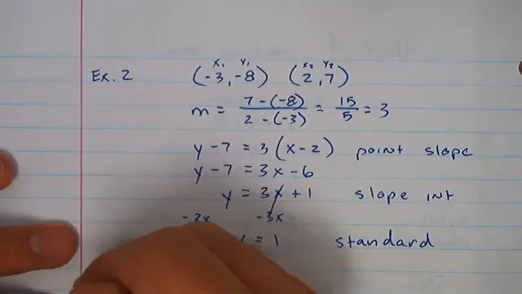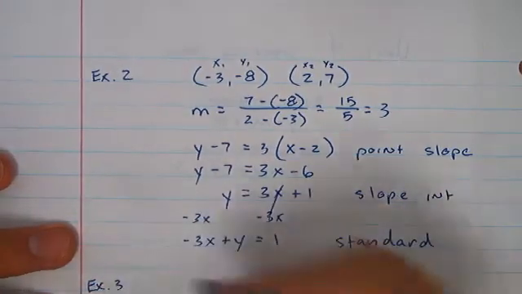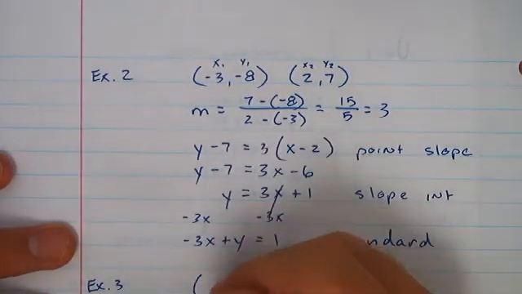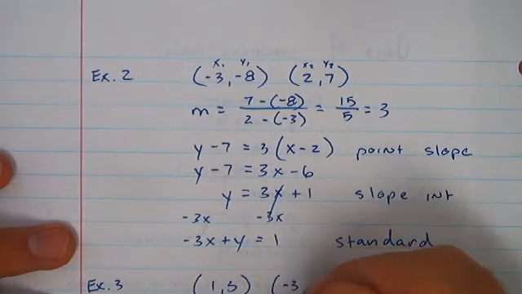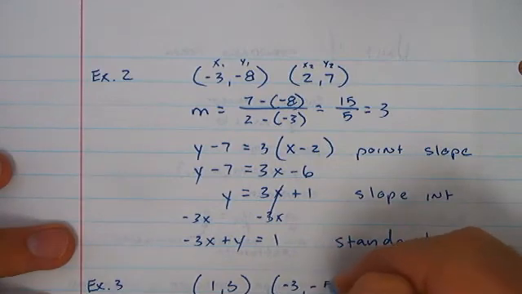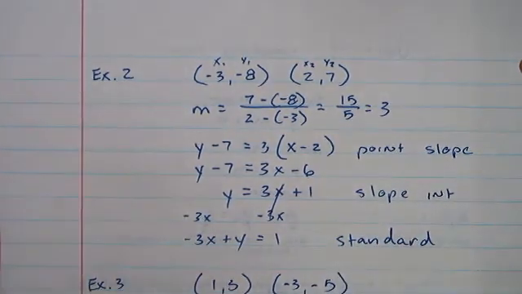So example number 3, we're going to give you 2 points so that you have a little bit extra work to do before you can just get started on converting things. So there's your 2 points, 1, 3, and -3, -5. Again, going to be looking for all 3.